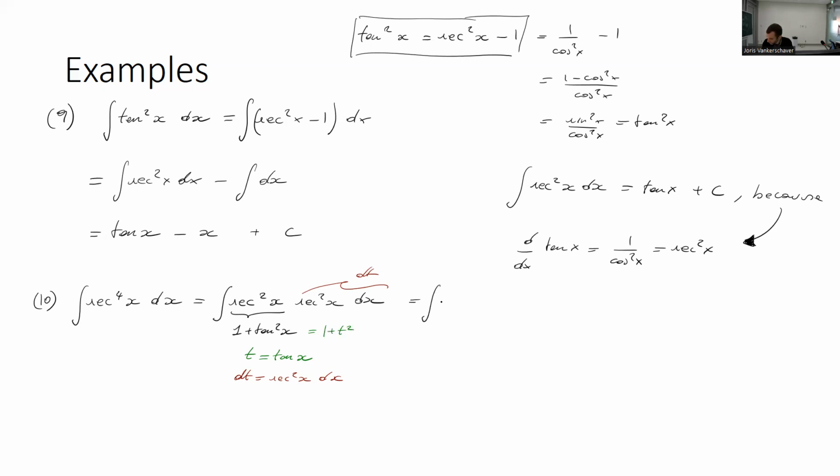So then you'll end up with an integral of 1 plus t squared dt, which you can integrate, it's polynomial. And then if you back substitute, you'll get that this is equal to tan x plus 1/3 tan to the power 3 x plus a constant. I leave the remaining steps to you. If you have any questions about this, feel free to reach out or to send me an email.